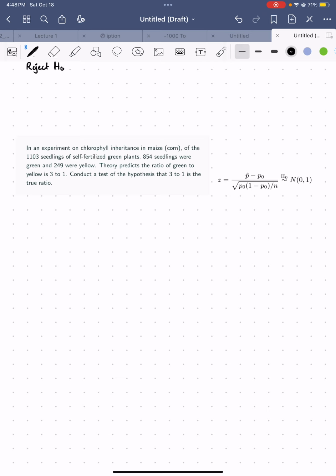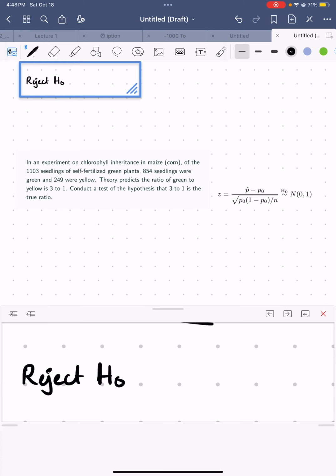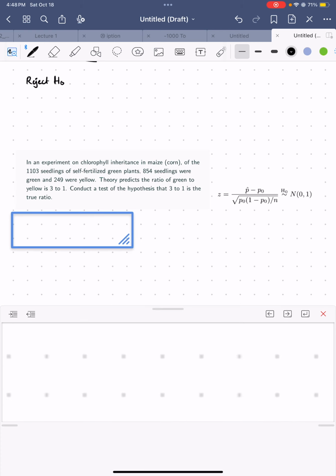And so, as always, our first step is to write out our hypotheses. So first we have our null hypothesis. In our null hypothesis, the true ratio of green to yellow will be 3:1.